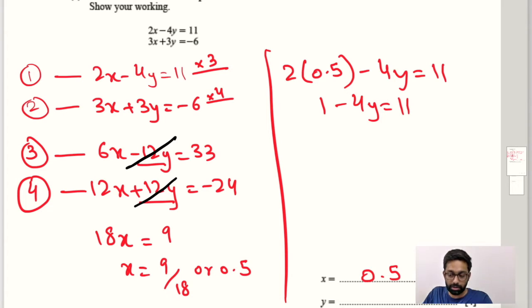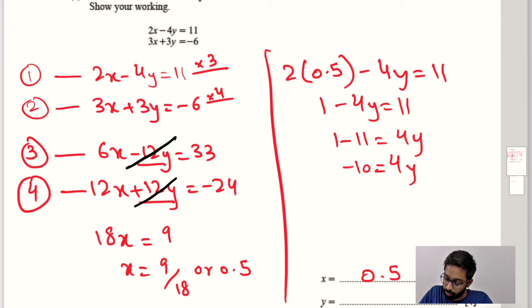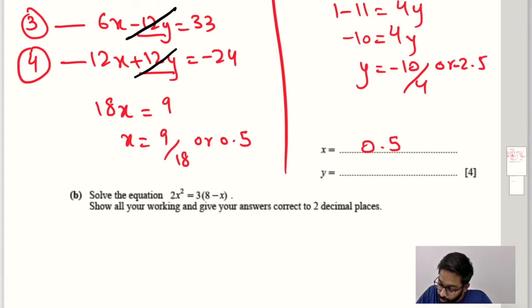I bring the 11 on this side, take the negative 4y on that side. 1 minus 11 gives me negative 10 equals 4y. So y is equal to negative 10 over 4 or negative 2.5. So I write negative 2.5 right there.